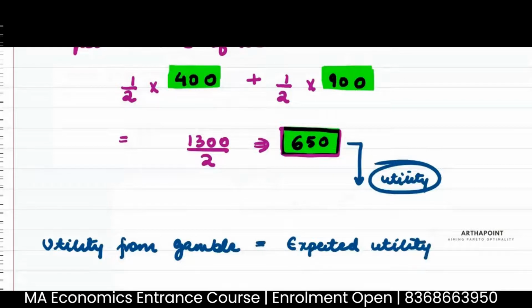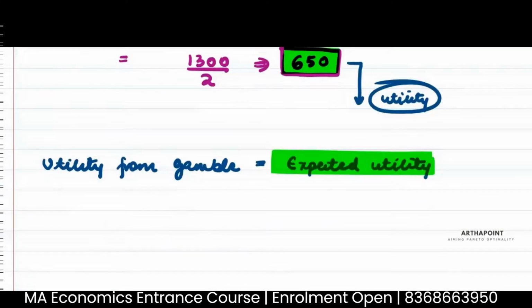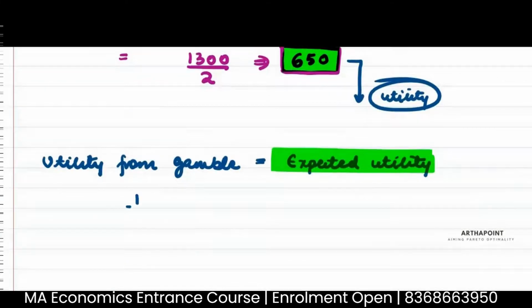Always, whenever I am gambling, the utility from gambling is my expected utility. And from von Neumann, we know that the expected utility is probability of one event into utility from that event plus probability of the second event into utility from the second event.